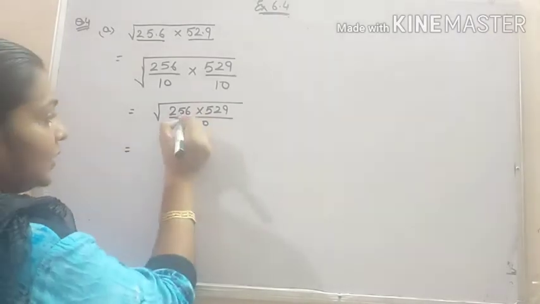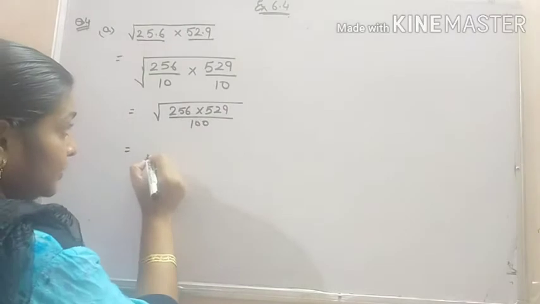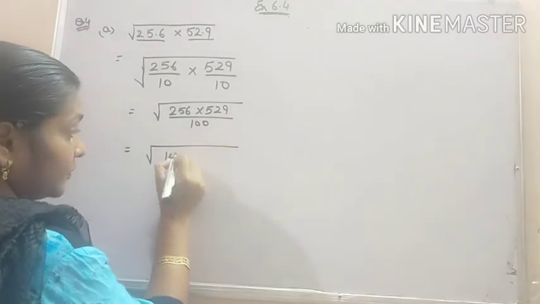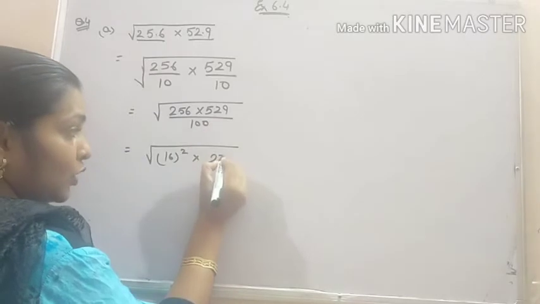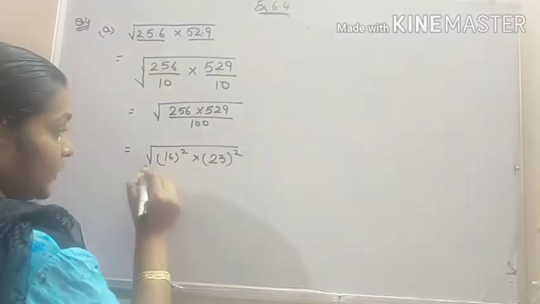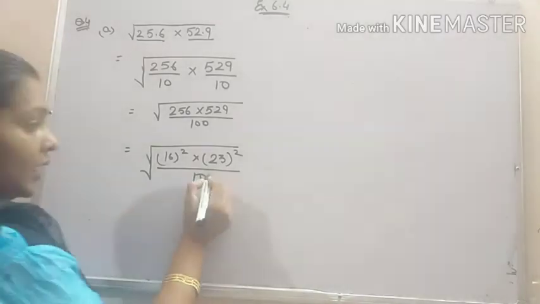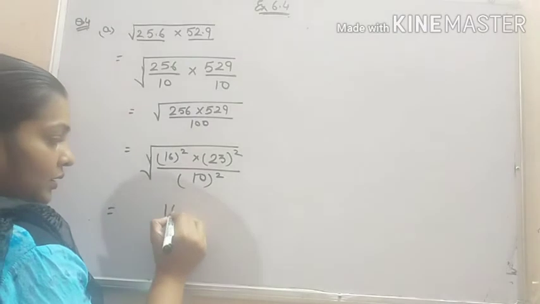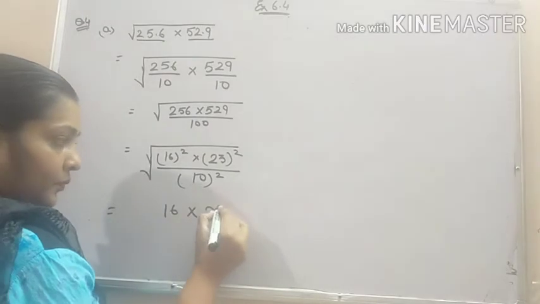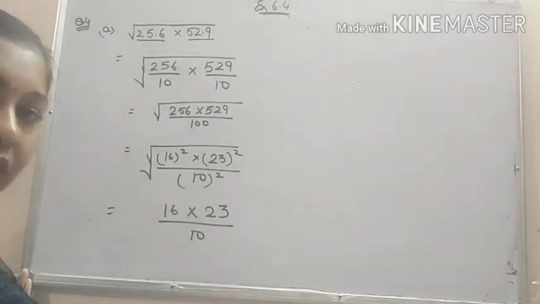Now you know that 256 is the square of 16 and 529 is the square of 23 and 100 is the square of 10. So you can take out these numbers and find your solution.